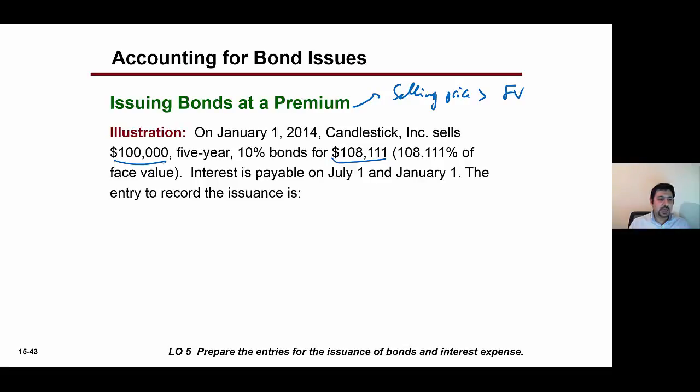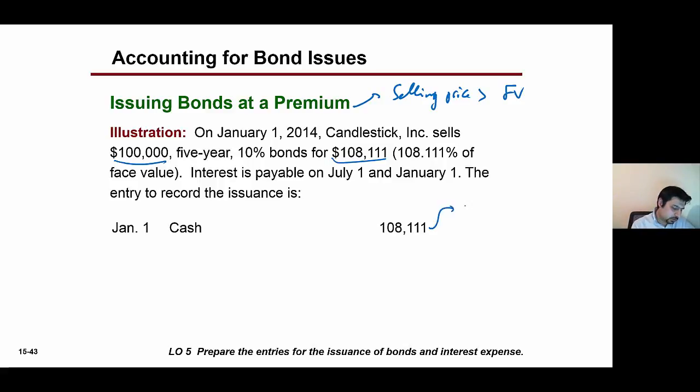The entry to record the issuance is when we record the sale of the bond. In this case, we need to remember that we debit cash, the selling price. So cash will be debited $108,111.